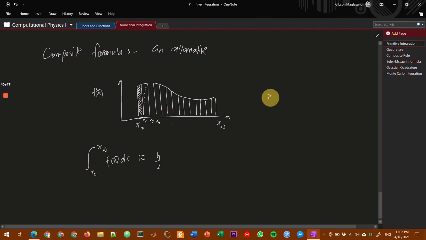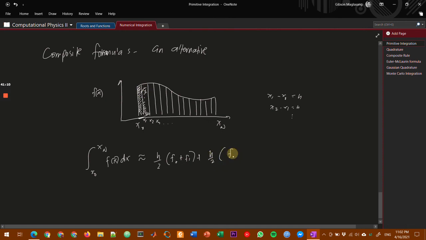So x1 minus x naught is h. Also x2 minus x1 is h, and so on. So h over 2 times katong duha ka base, f naught plus f1, plus move na punta sa next trapezoid or segment. We have h over 2 gihapon.